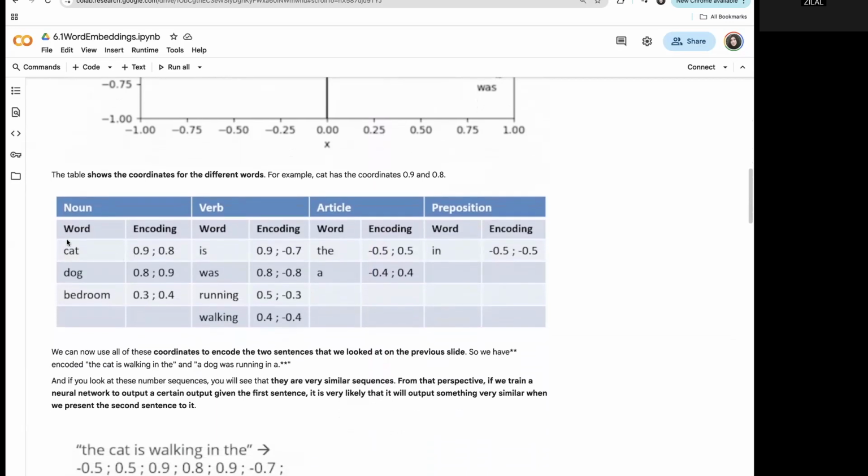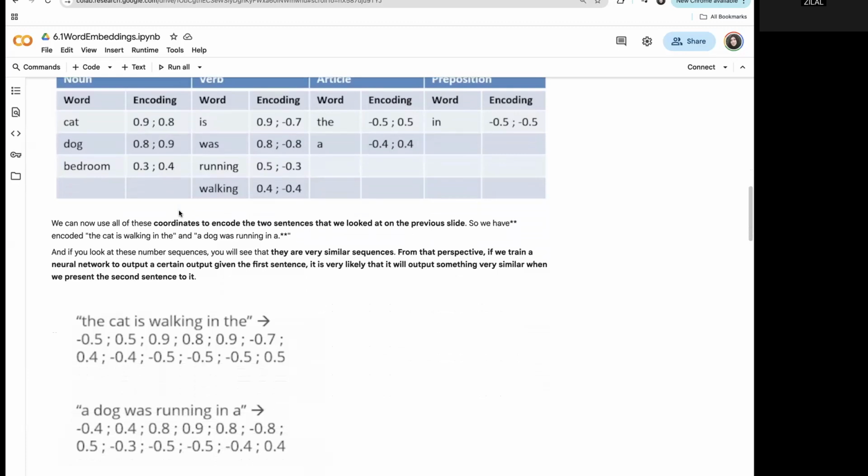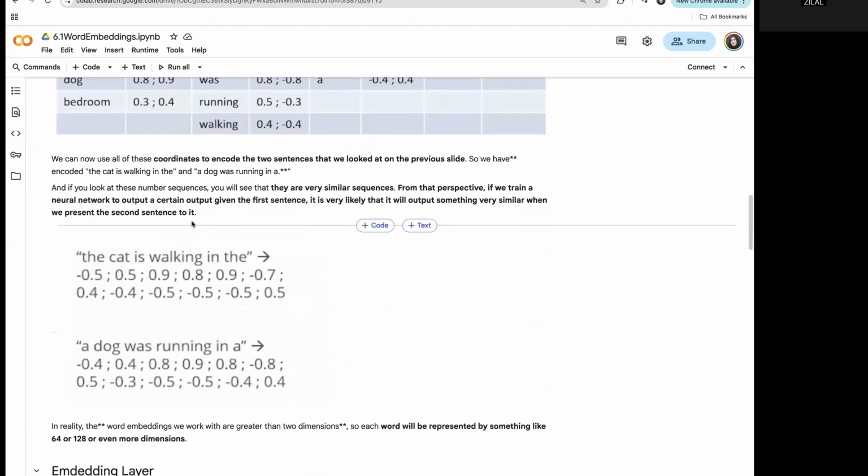For example, cat has coordinates 0.9 and 0.8. If we look at the sentences, the cat is walking in a and the dog was running in a, they are very similar sequences.